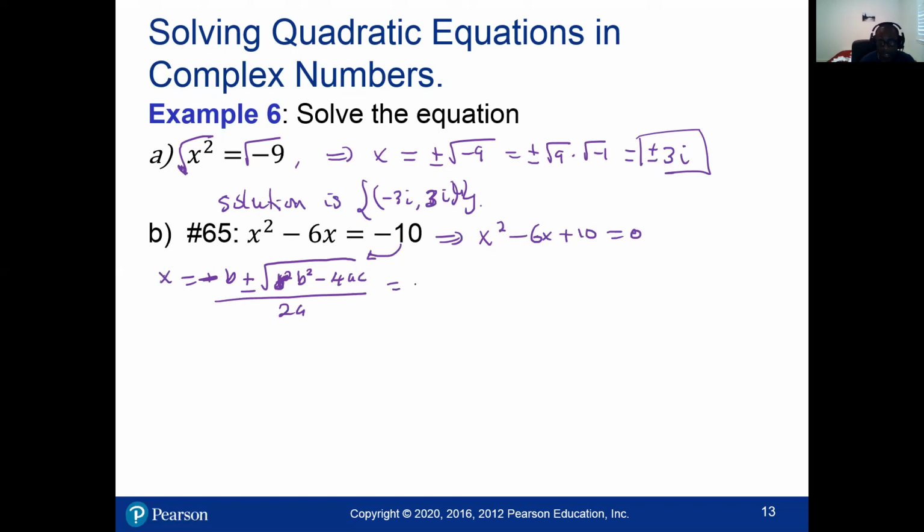My b is negative 6, so negative negative 6 plus or minus the square root of negative 6, all squared. See that I put that in parentheses. Minus 4 times a is 1, and then c is 10. Okay, then everything there divided by 2 times 1.